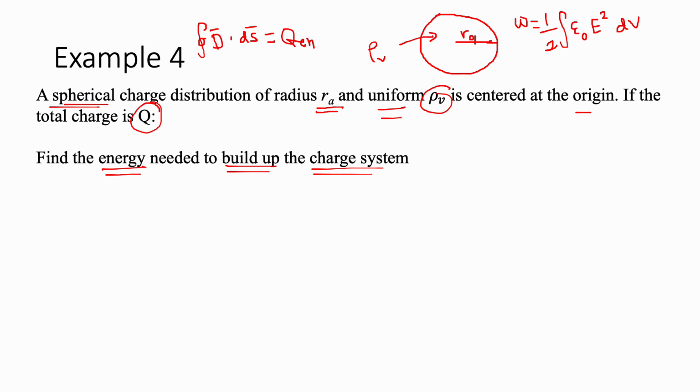First of all, in order to use this equation, we need to calculate the E field. But which area of E field? In order to build the system, of course, we need to calculate all cases: when R is less than RA, which is inside the structure, and also when R is larger than RA, which is outside the structure.